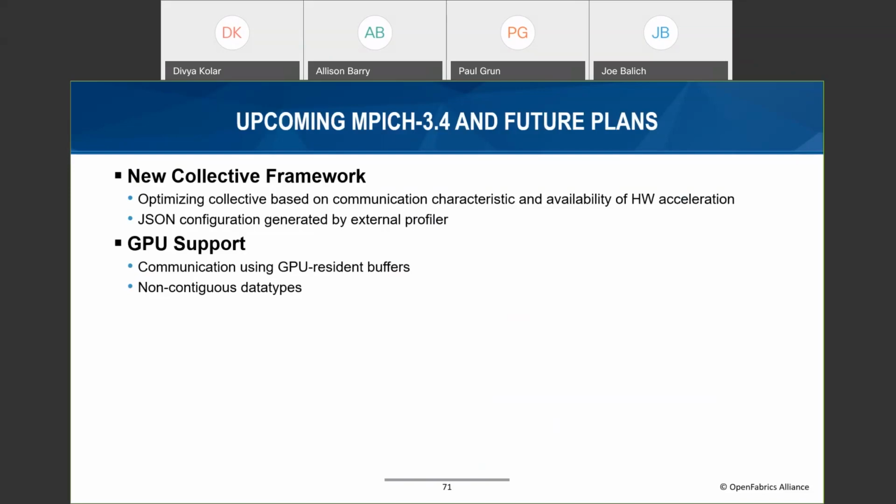But what we're trying to provide is a fallback path for cases where, for example, non-contiguous data is not supported by the GPU natively. Then we have a fallback path to efficiently support that function. Next, please.